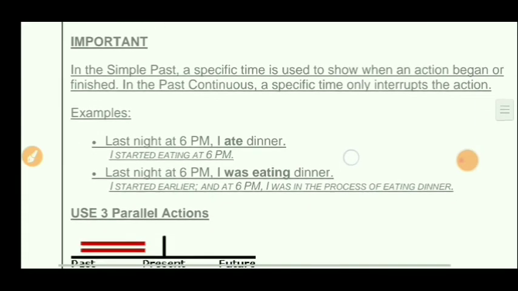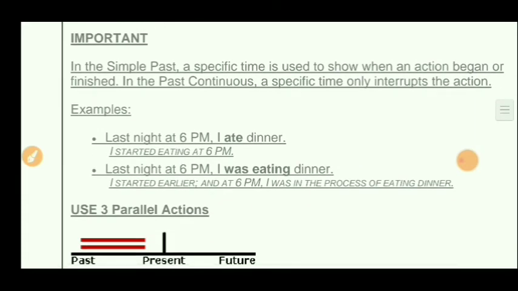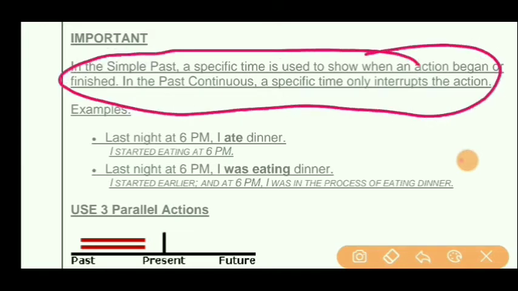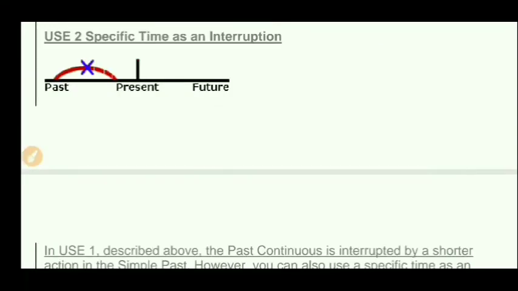Important point: in the simple past, a specific time is used to show when an action began or finished, and in the past continuous, a specific time only interrupts an action. So this will make you clear about the two tenses more, that is simple past and past continuous.